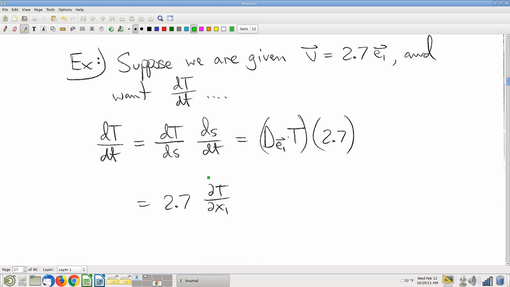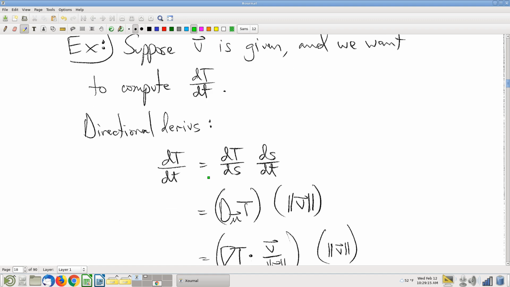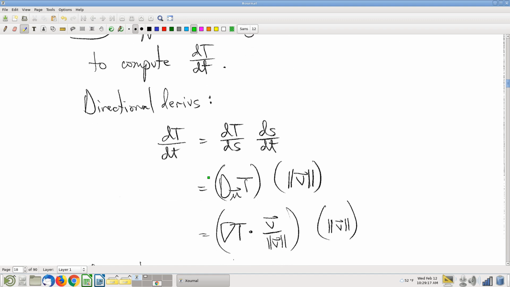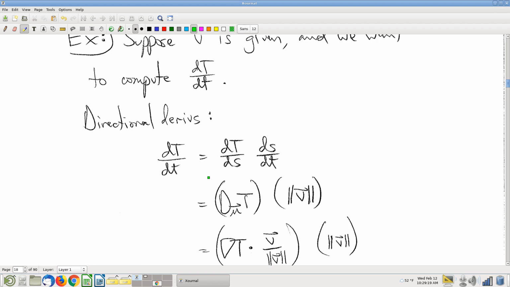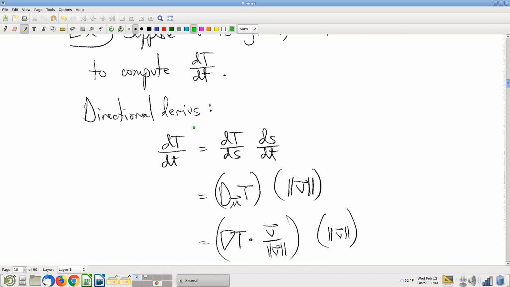Okay. Just to emphasize how directional derivatives are not computationally really a big win, here's just a for example. Suppose you've got some velocity vector given and you want to compute how some function capital T changes with respect to time. Sometimes we want to know that too. So look, here's how the directional derivative calculation goes.